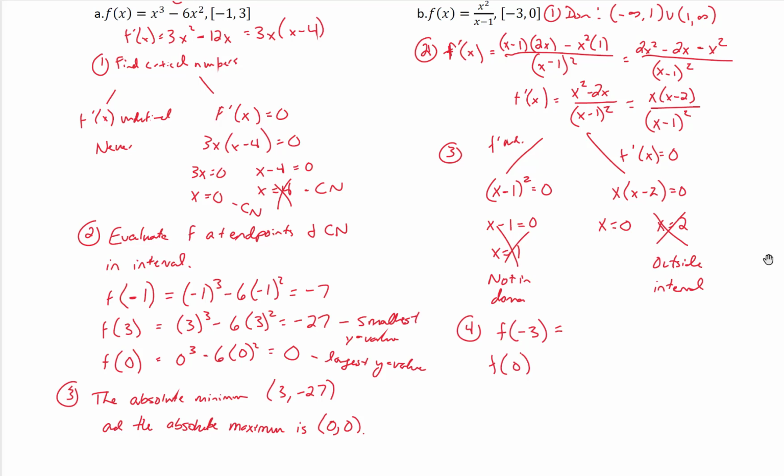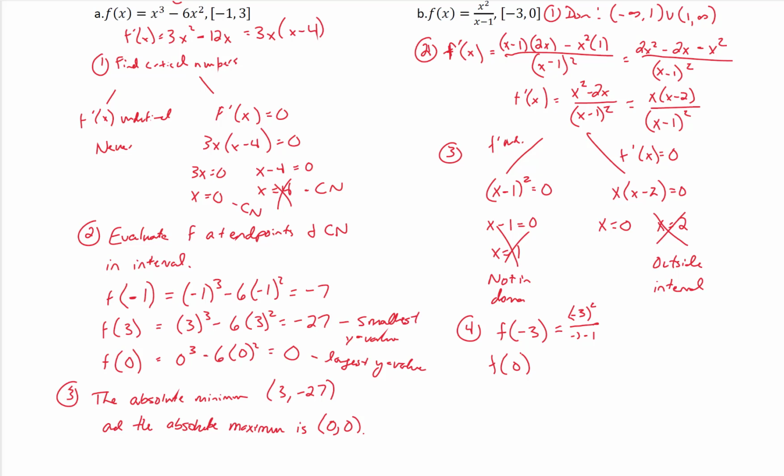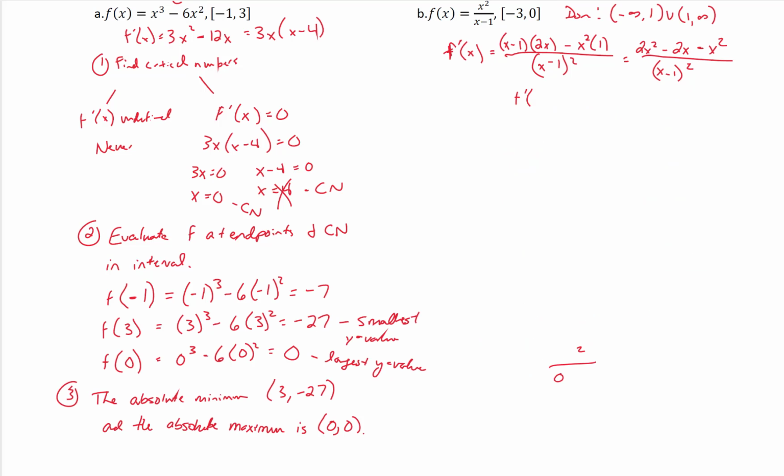Remember, you're plugging this back into the original function, so -3 squared over -3 minus 1, which then is -9/4. f of 0 is 0 squared over 0 minus 1.